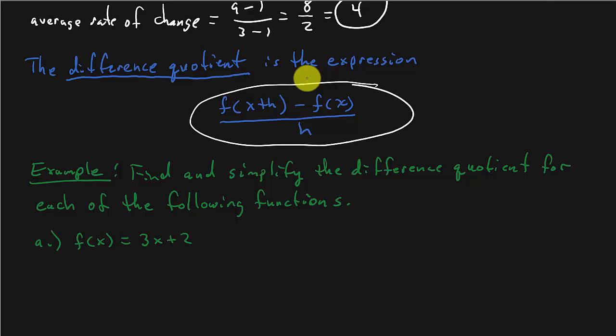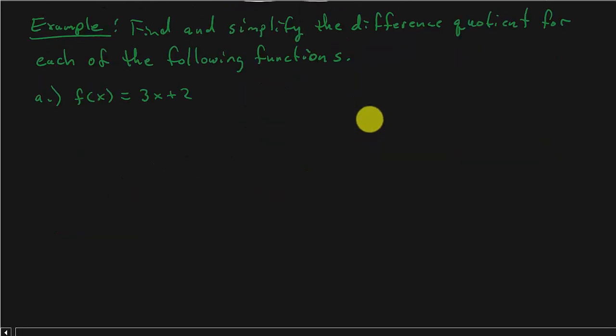So it says find and simplify the difference quotient for each of the following functions. So they're wanting us to find f of x plus h minus f of x, all that divided by h. They're wanting us to calculate that for this function here.